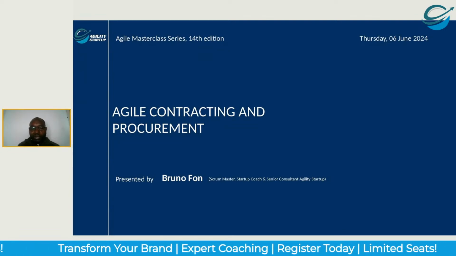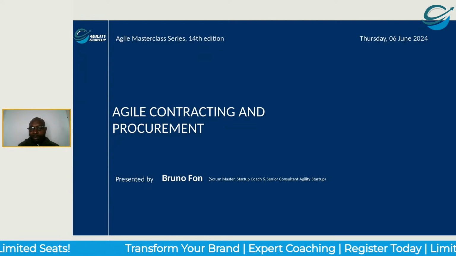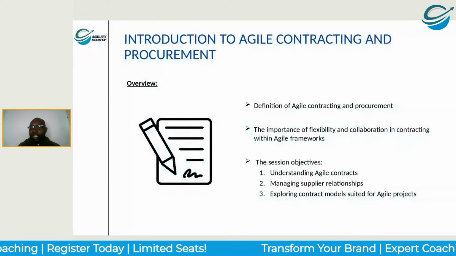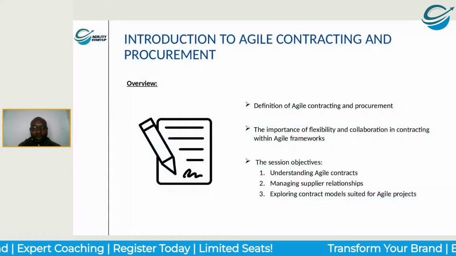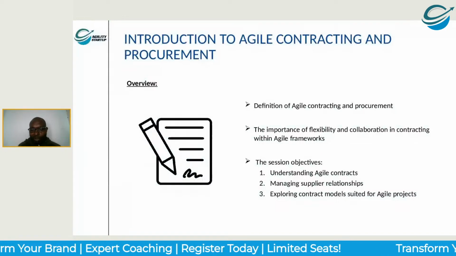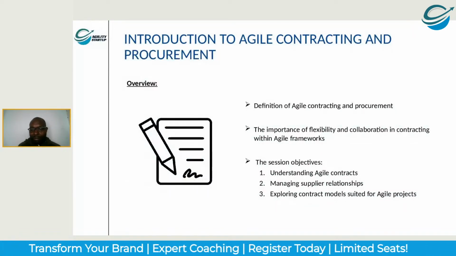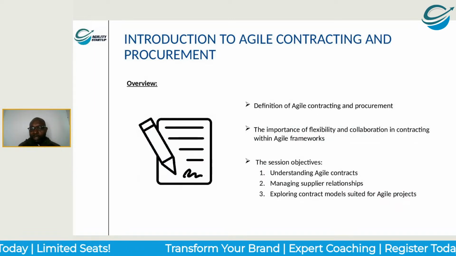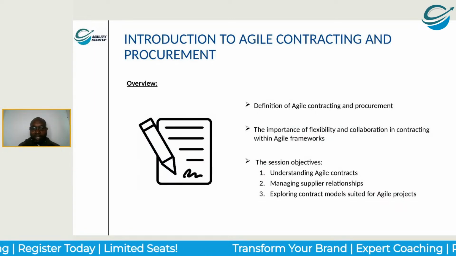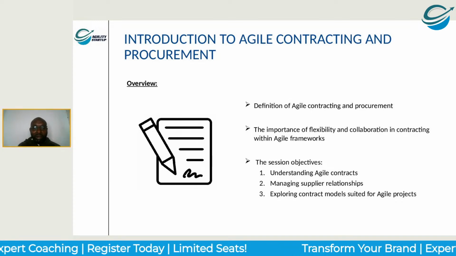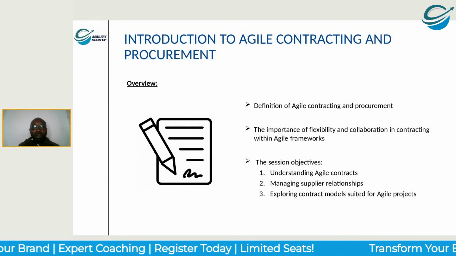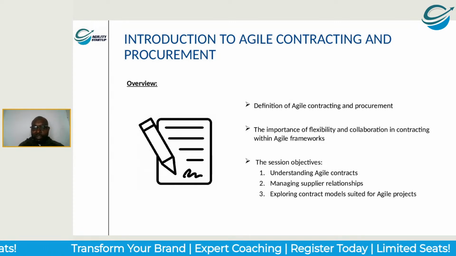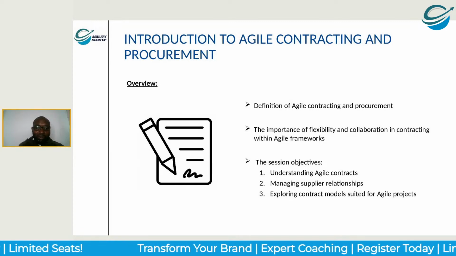I'll introduce the slides which this masterclass covers. One of the key areas is what we call agile contracting and procurement. What does that mean? The most important element is that agile contracting and procurement refers to the application of agile principles to the processes of contracting and purchasing within organizations.